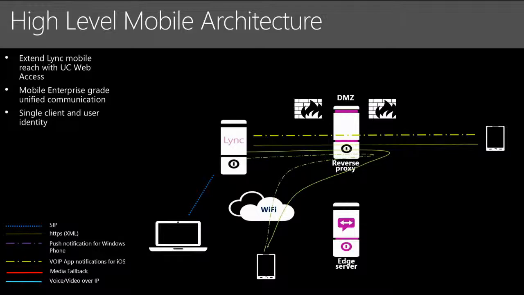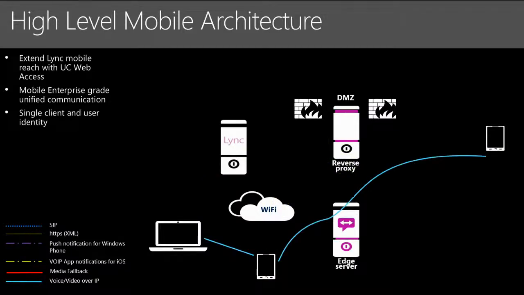The primary reason why we have this requirement is to provide a better user experience, because as we switch between the internal and external networks, or between Wi-Fi and 3G, we want to have a seamless experience for the user on their mobile devices, and that's the reason for that requirement.